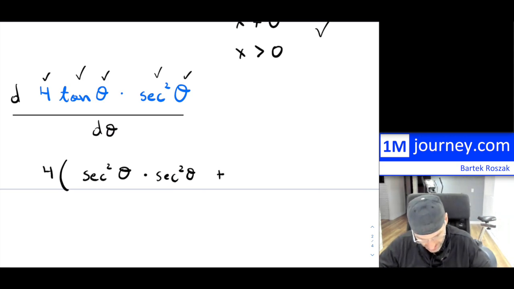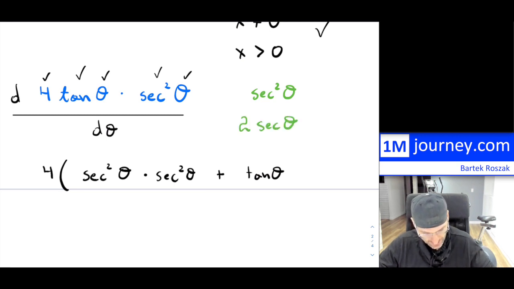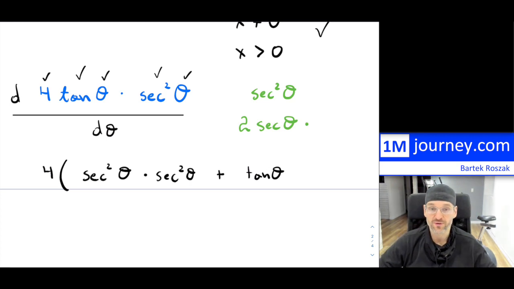And now plus, I'm going to keep this 10 theta alone in here. Now I need to take the derivative of this, and maybe I'll change the color. Well, that 2 is going to come up in the front. So this is going to be secant theta, and now I need to multiply this by whatever the derivative of secant theta is.